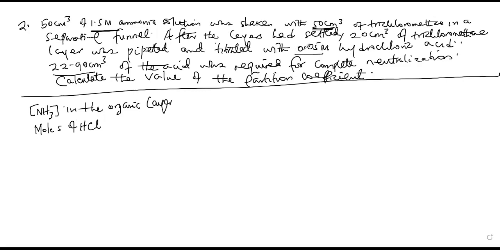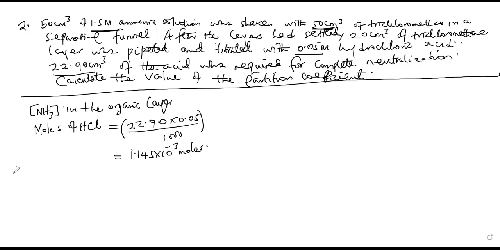So if these are in 1,000, what about in 22.9? So moles of hydrochloric acid will be 22.90 times 0.05 out of 1,000, and this is going to be 1.145 times 10 to the power negative 3 moles.